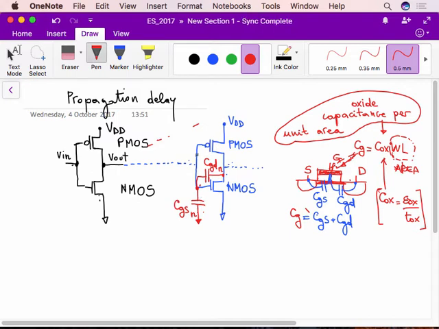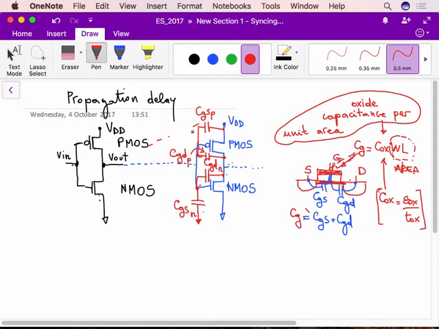Now, we can do the same for the PMOS. We have this, which is CGS of the PMOS, and then we have this other capacitance, which is CGD of the PMOS. And again, we know how to compute them.